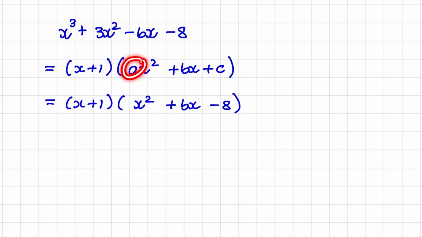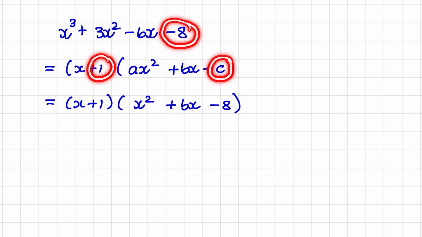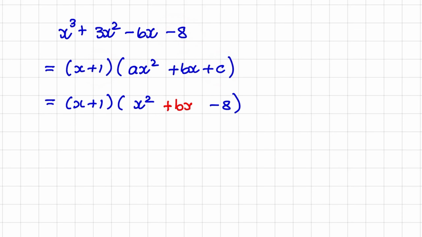So for a and c, I can solve it by multiplying the first terms with one another to find the first term in the expression. And if I multiply the last terms in the brackets with one another, I must find the last term in the expression. Now I want to solve the value of bx. And for bx, I would use the whole bracket with the first two terms in the second bracket to create 3x squared.